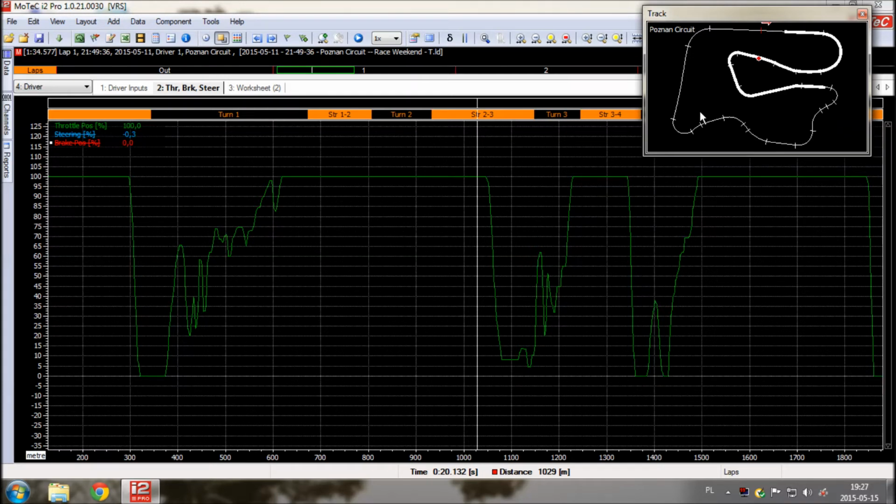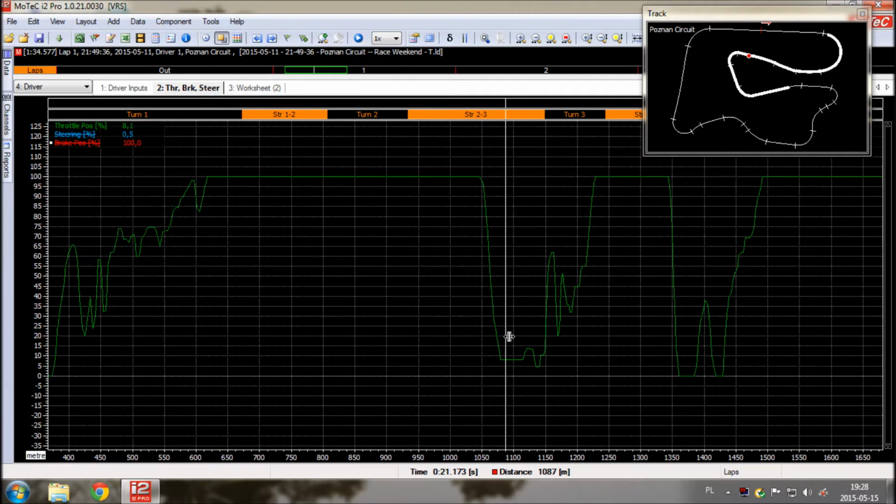We can see a very interesting thing, that the driver, even braking, of course we can see, okay, now the red graph is braking, even braking full brake potential, the driver uses a little throttle, which sometimes is used to make the car more stable.